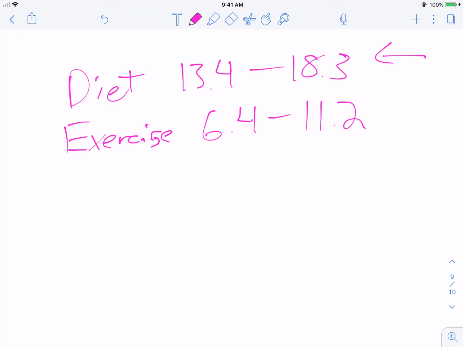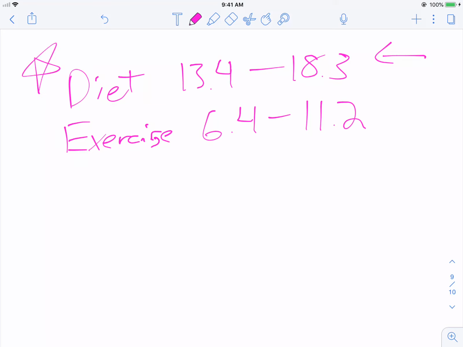Okay, there's no overlap. If these two confidence intervals overlapped each other, then there's a possibility that they're essentially the same. But because these two groups are completely separate from one another, we have pretty convincing evidence that it's this diet group.